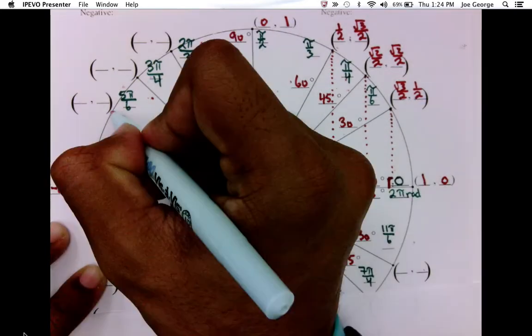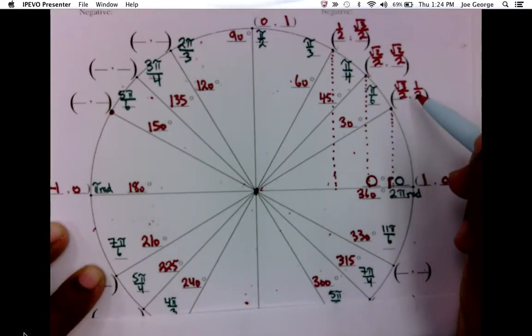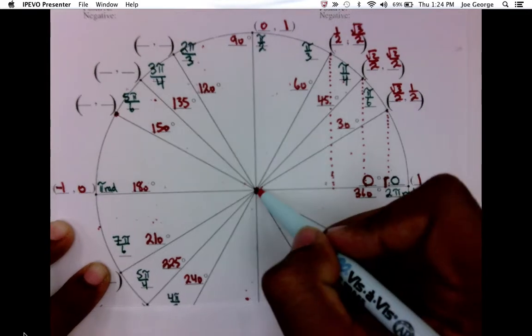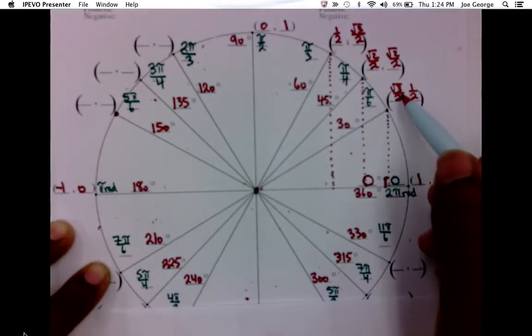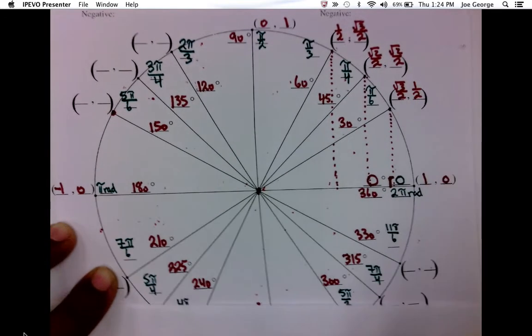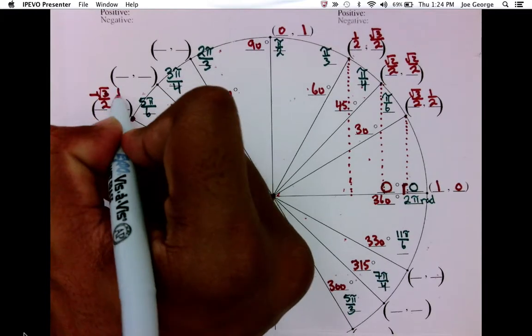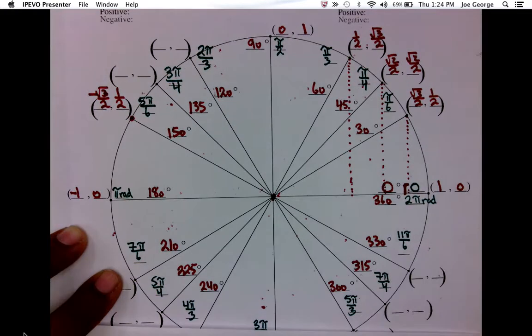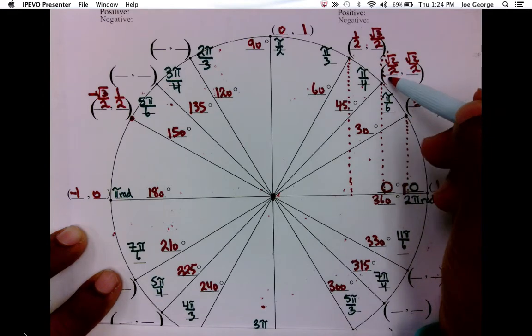So at this coordinate for 5 pi over 6, what coordinate is going to change signs? Remember, if I go to the left, I'm talking about negative x values. So instead of radical 3 over 2, it becomes negative radical 3 over 2, comma, 1/2. As well as radical 2 over 2 here for my x-coordinate.